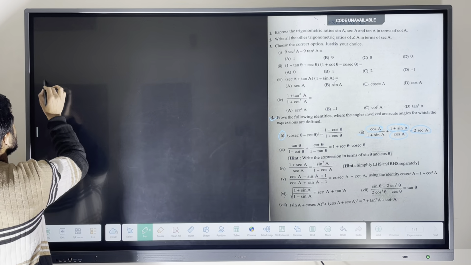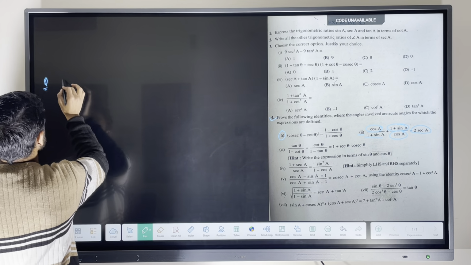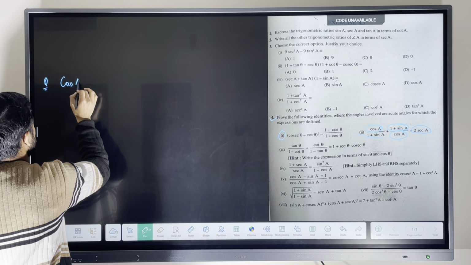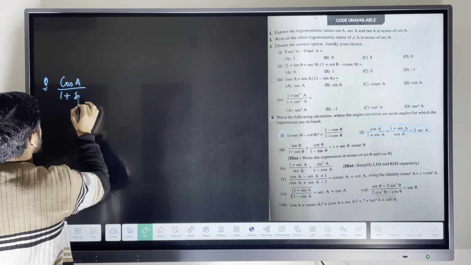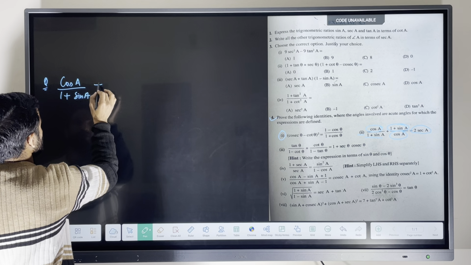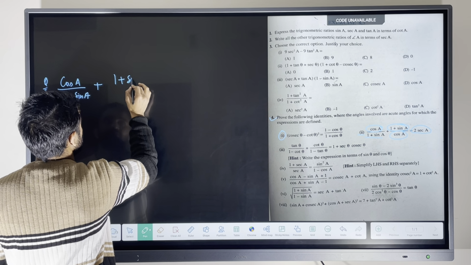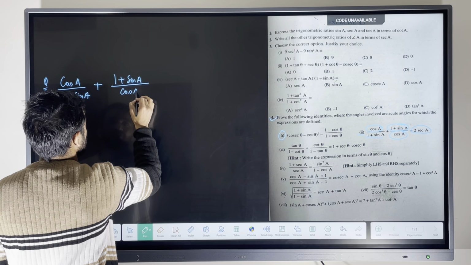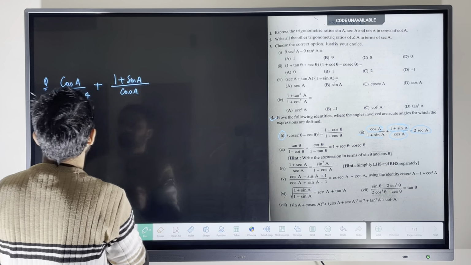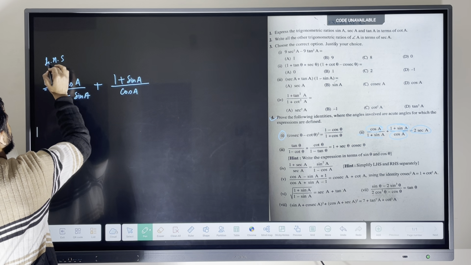So the question is cos a upon 1 plus sin a plus 1 plus sin a upon cos a. So this is our left hand side.